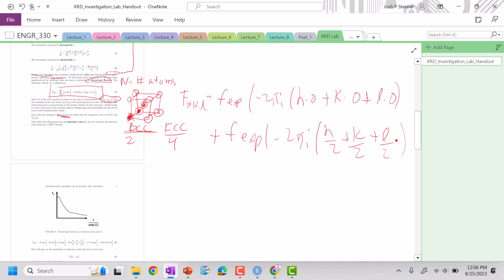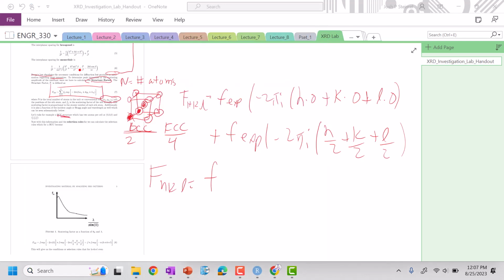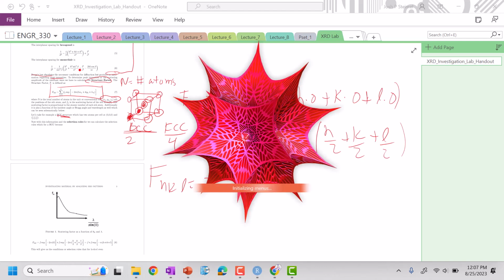Make sense? So what happens to that first component? Well, HKL becomes, what's anything times 0? 0. What's exponential of 0? Doesn't matter, we don't have to think. We have Mathematica. We'll be okay.